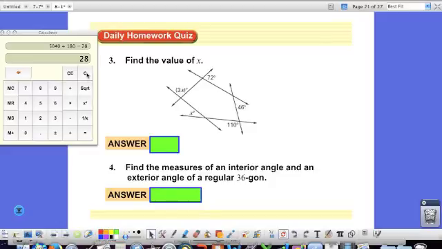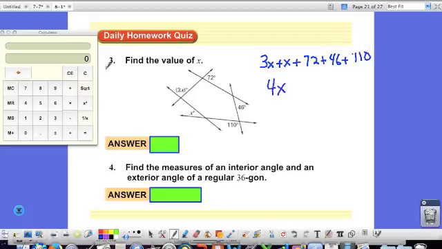Next homework problem, find the value of x. So I'm going to combine like terms here. We have 3x plus x plus 72 plus 46 plus 110. So 3x plus x is 4x, and 72 plus 46 plus 110 is 228.